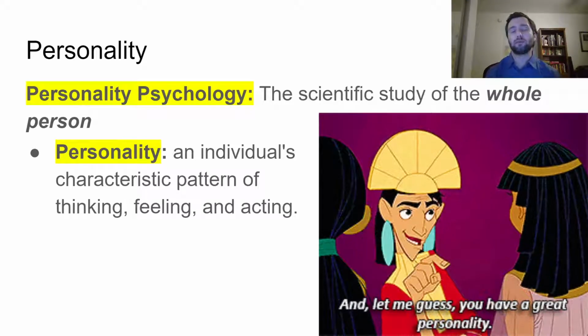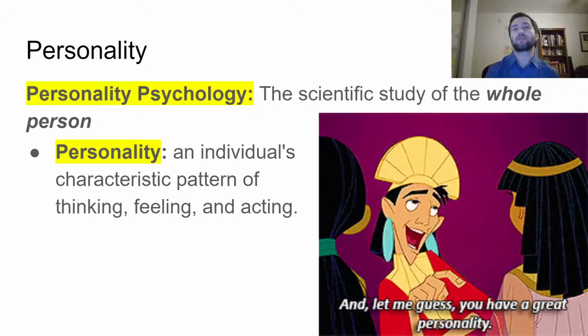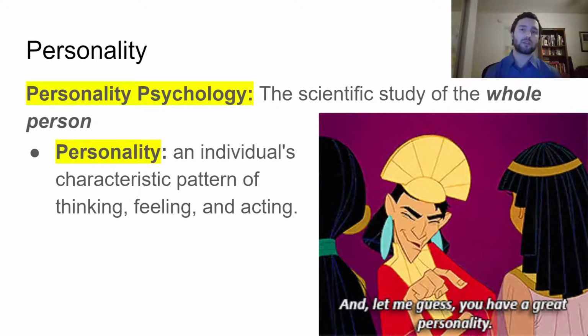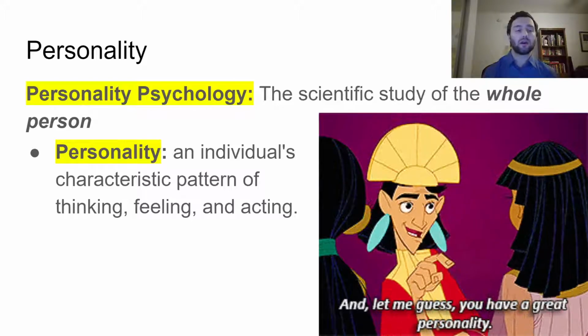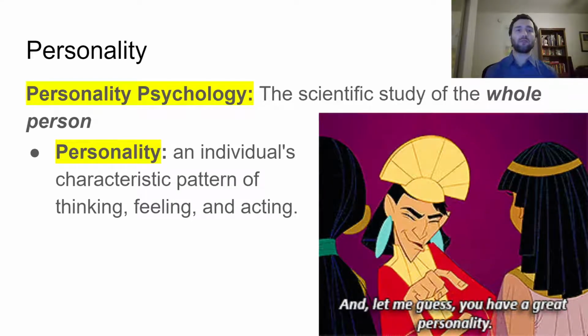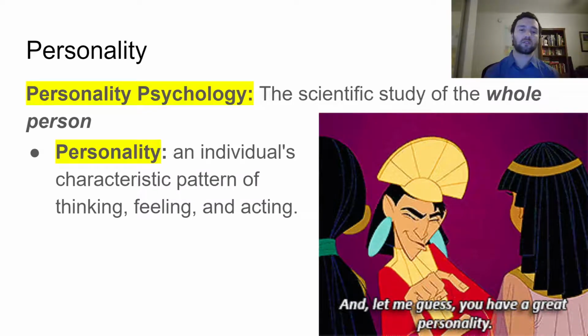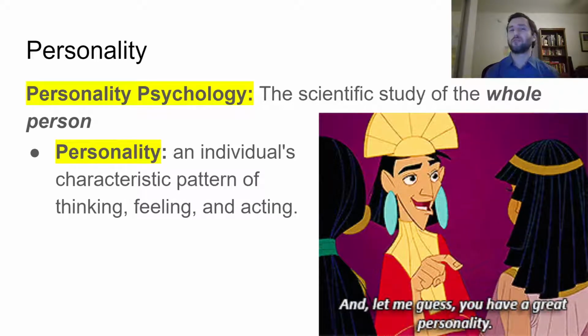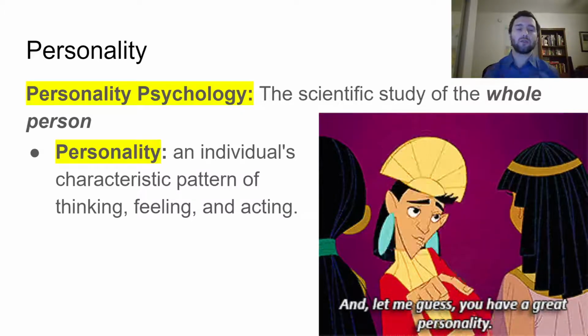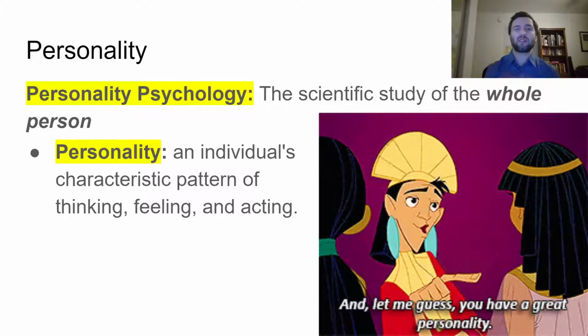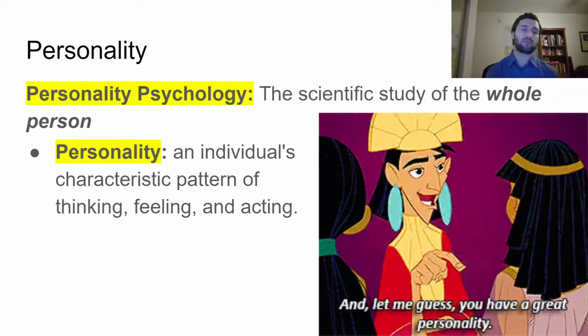The other piece to keep in mind is that it is a characteristic pattern. Why this is really important is that all of us have moments in time where we feel all varieties of emotions, have all sorts of trains of thought, have all sorts of different behaviors. So it's not really useful to say that sometimes somebody gets mad. Well, that doesn't really tell us something, because everyone gets mad sometimes.